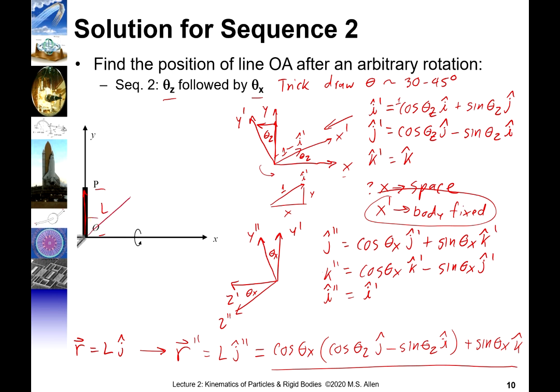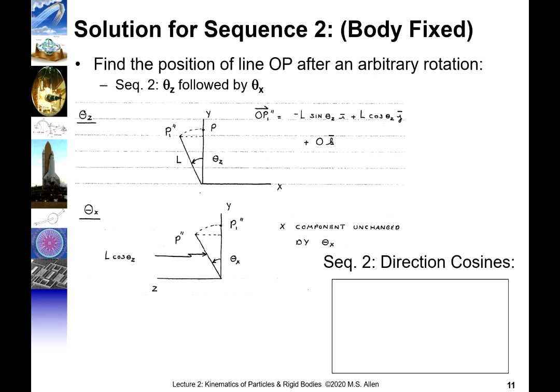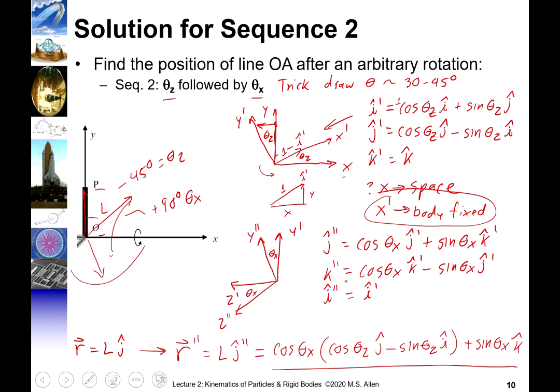So let's say we put it in this plane here, and then a rotation around x could bring it down into this plane of 90 degrees. Right? And if we just put in the values for theta x and theta z, positive or negative, we could get those coordinates. And if you want to check that, you could do that, right? The z rotation, if we did minus 45 degrees for theta z, and then we did plus 90 degrees for theta x, we should get something that has those components.